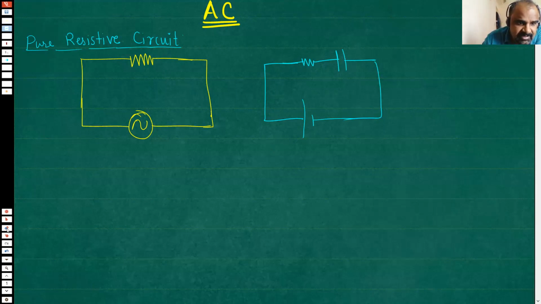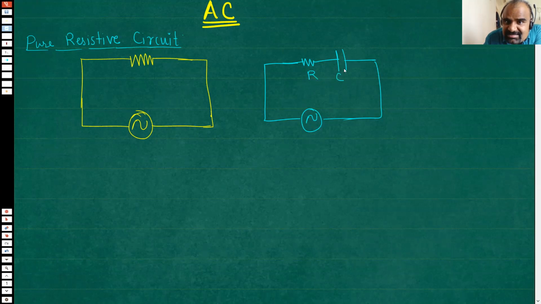Now, if we replace this battery by an AC source, then this circuit is completely different. Even though it is still the RC circuit, connected to an AC source, the behavior of this circuit, you have no idea what it will be. You don't know at all. We have not studied it.